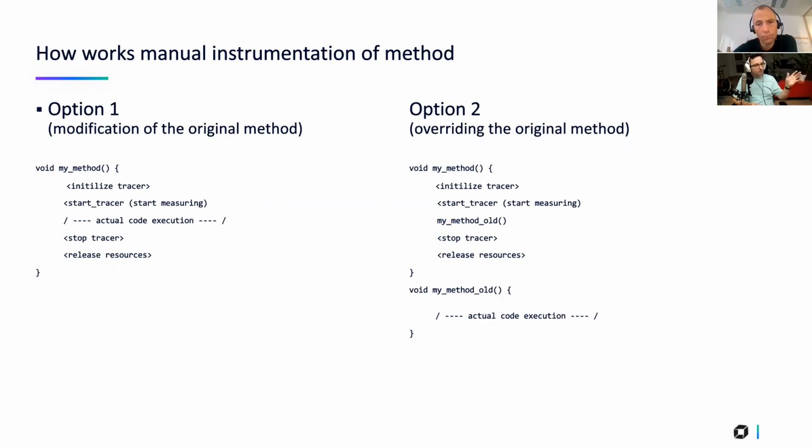Option 1 is putting the tags that collect traces and measure our application performance directly inside the methods in the code. This will obviously work, but it adds an extra layer to the method.